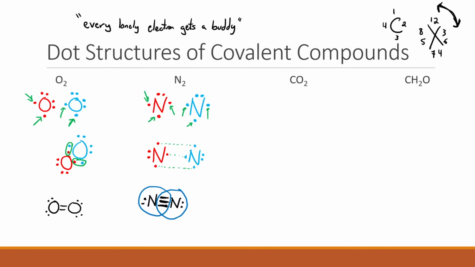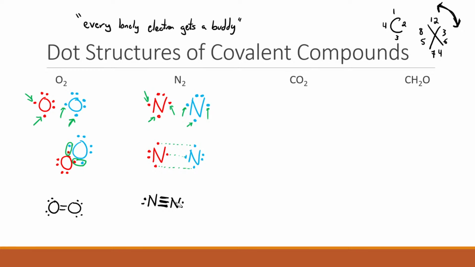Right, both nitrogens are happy here with a triple bond shared between them. And if there's a single bond, a double bond, and a triple bond, maybe there's also a quadruple bond. But there's not.